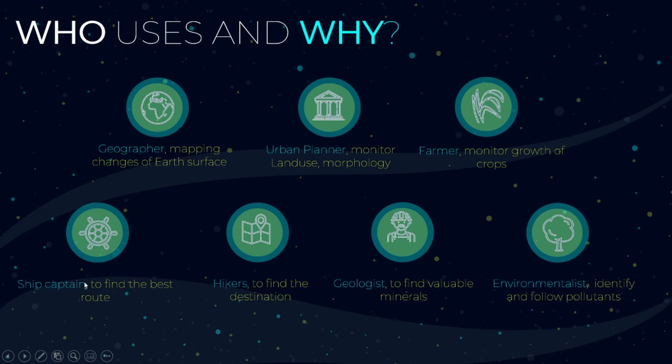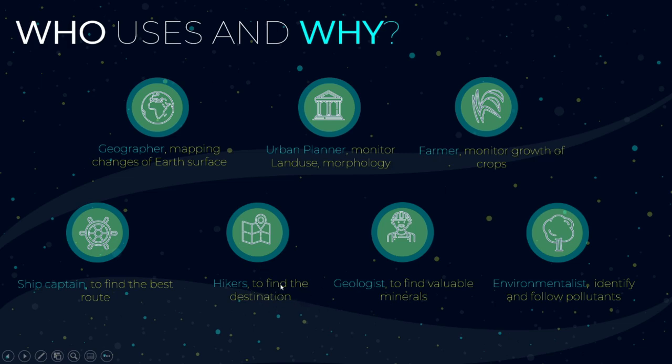So the ship captain uses remote sensing to find the best route. We know that there are no roads in the sea, so we can use this satellite technology to find the best route.